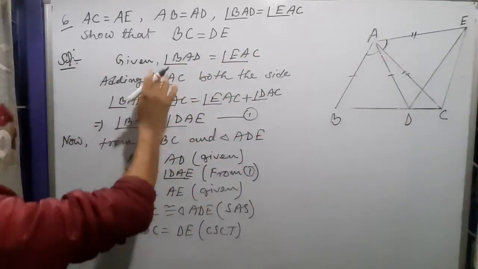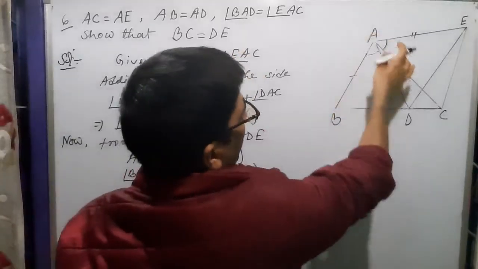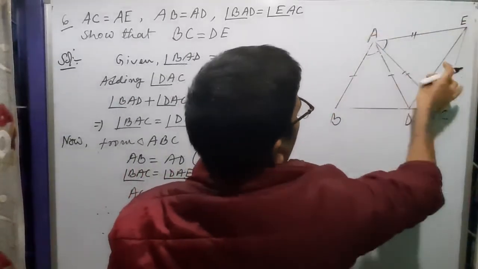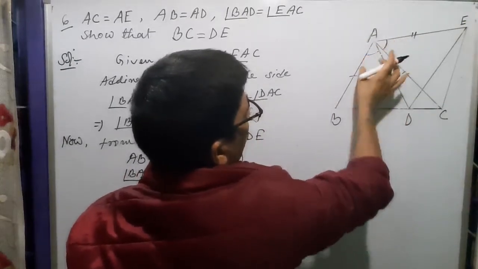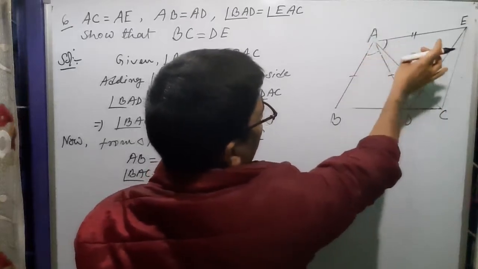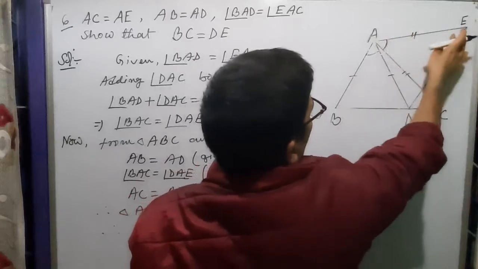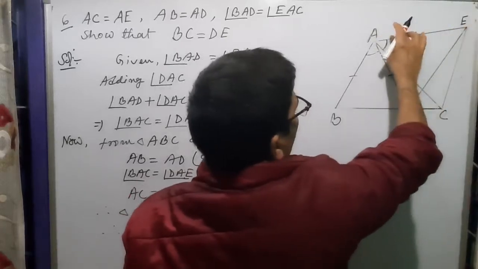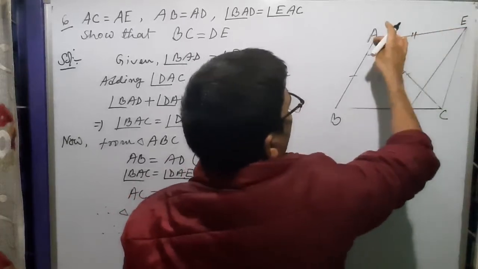Check here. Given angle BAD equal to angle EAC. Check, these two angles are not the angles of our triangle. Our triangle is ABC, so the angle is BAC. Similarly, this angle is not our triangle's angle. Our triangle's angle is EAD.